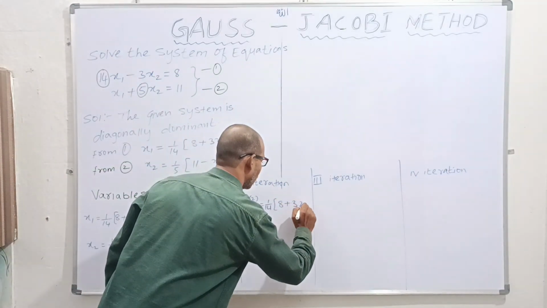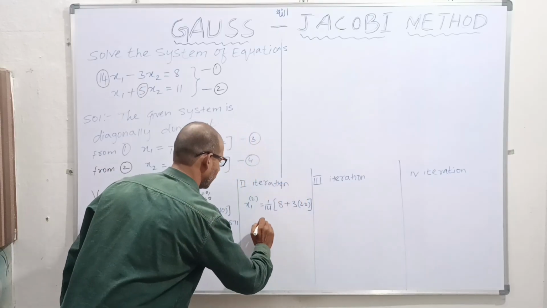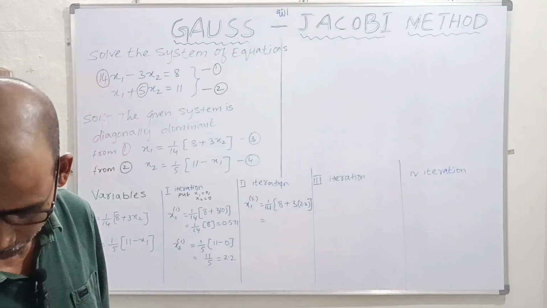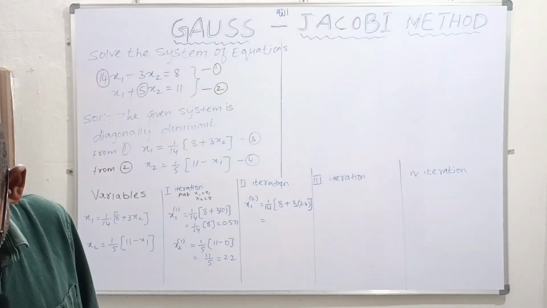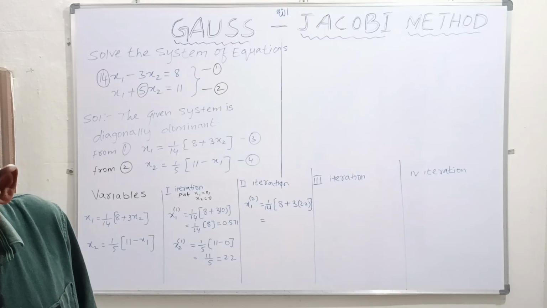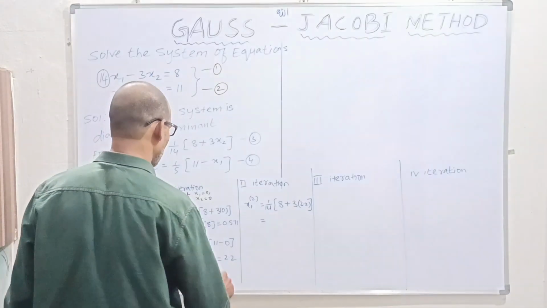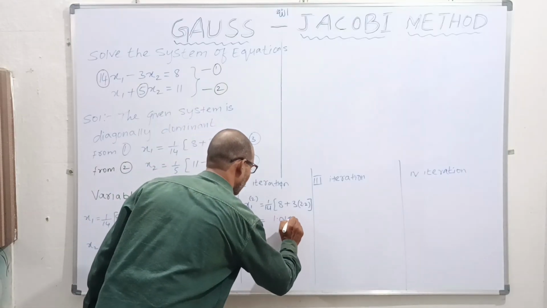So 3 into 2.2. If I simplify this, we will get 1.04.